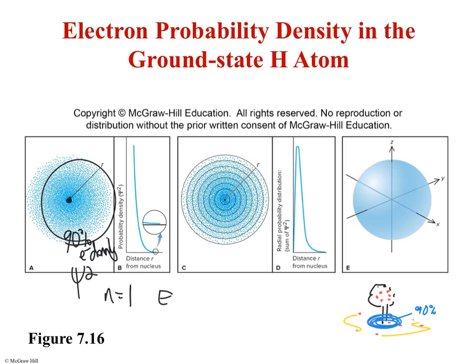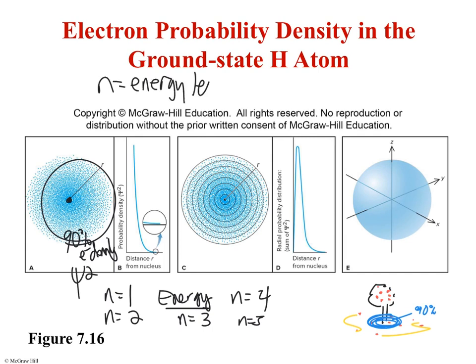So you're going to have these different energy levels in which electrons can be, and you'll have energy n equals 2, n equals 3, n equals 4, n equals 5. N is the energy level. And remember I told you there are 4 quantum numbers? But I said they're actually letters.